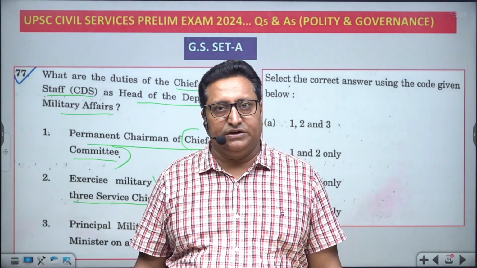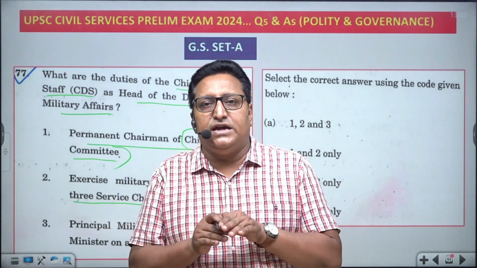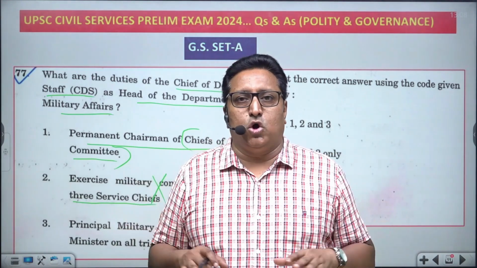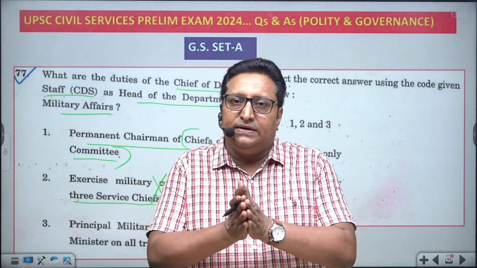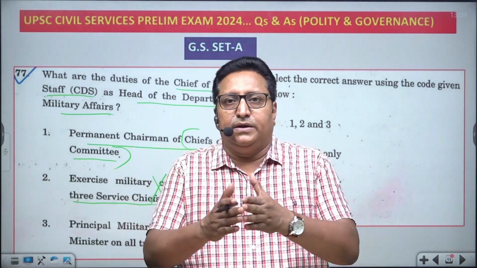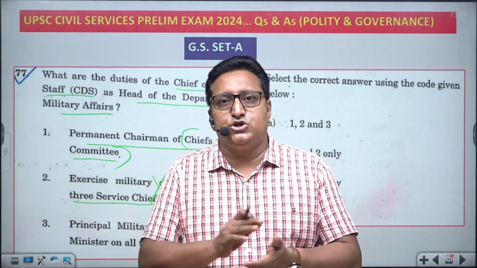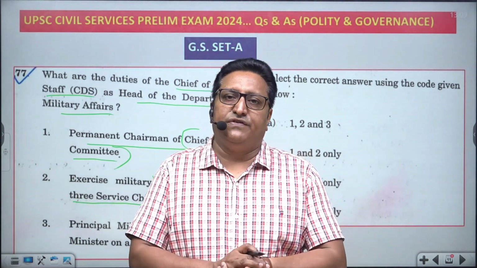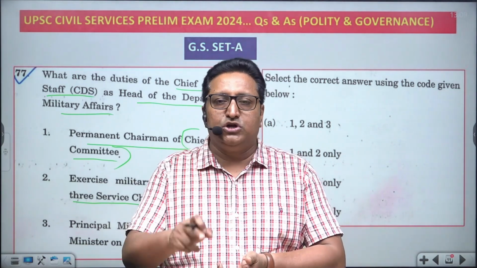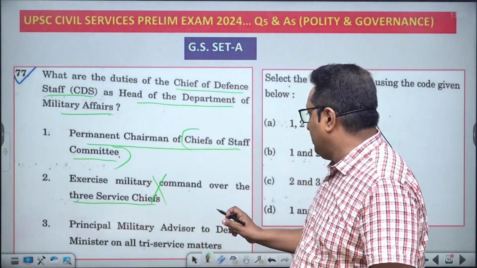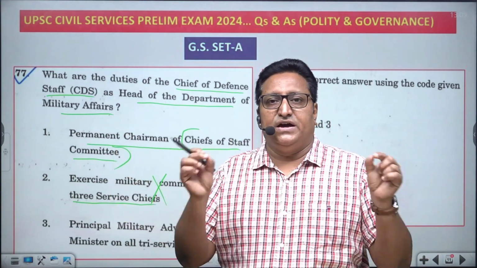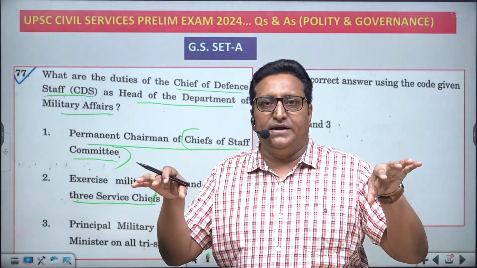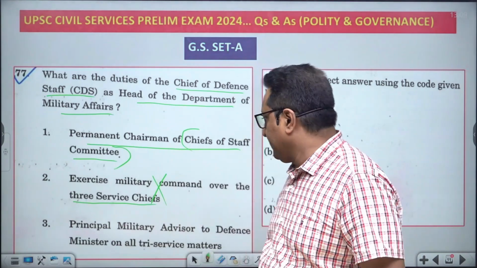It has been created to bring about coordination, proper communication, inter-service coordination, and effective supervision, and not to issue command and control. So he does not command or control the other three chiefs. The three chiefs are independent in their own right.